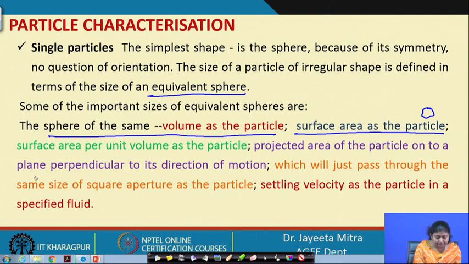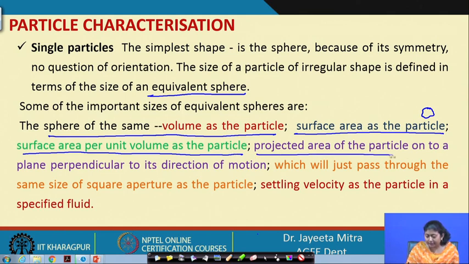Similarly, there may be a sphere of the same surface area per unit volume of the particle, or the projected area of the particle to a plane perpendicular to its direction of motion. Okay. So, suppose there is a flow and there is a particle. The flow is going past this particle.